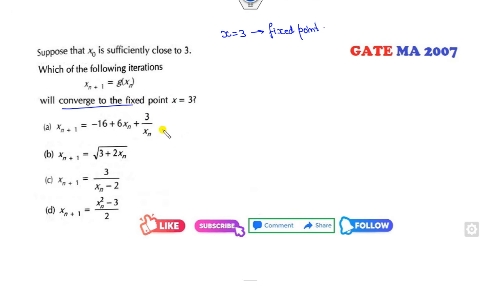Anyhow, we will use the second concept. What is the condition for convergence? The absolute value of g dash x should be less than 1 at the fixed point, that means at x equal to 3. So firstly find the value of g dash x. What is the derivative? 6 minus 3 over x square.